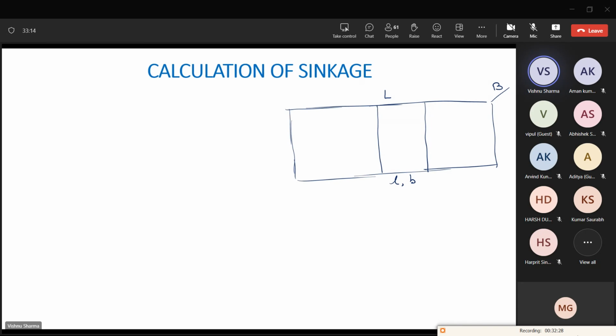If there is a depth or height, we'll represent it by small h. The intact water line that we will draw is WL, and the intact draft will always be small d. Every question will keep following the same.